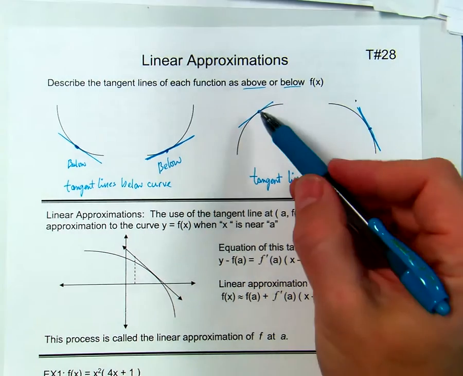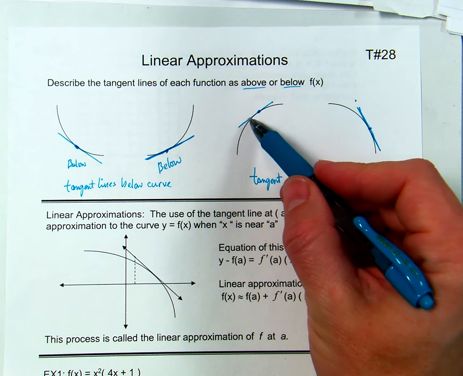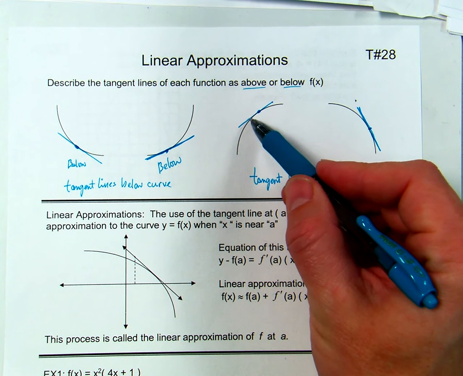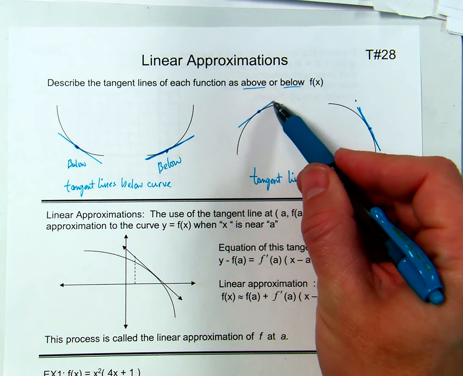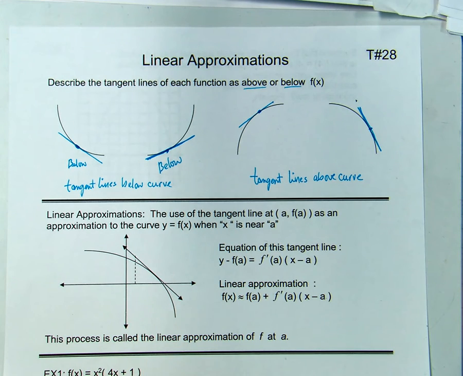And thus, if I didn't have the exact value that I'm looking for, but I'm trying to get close to it on the curve here, my approximation would be a little bit high, being that the tangent line is above the curve.